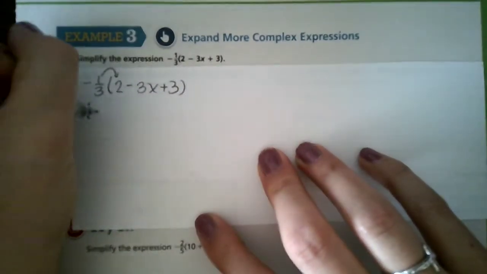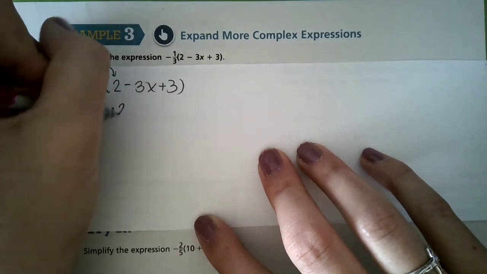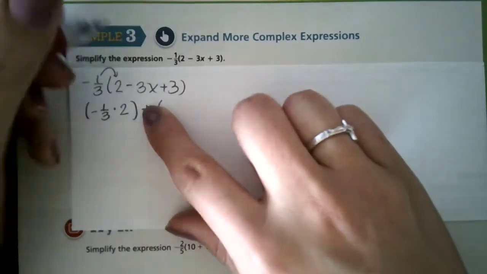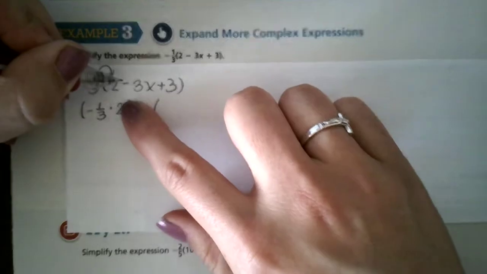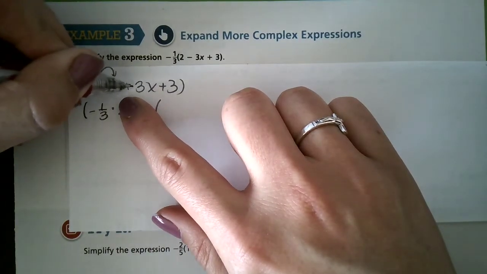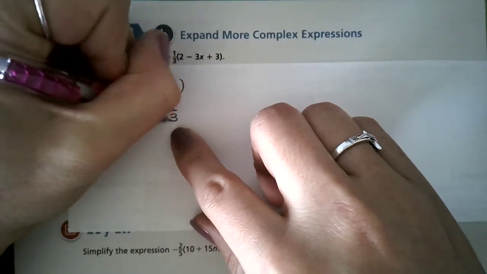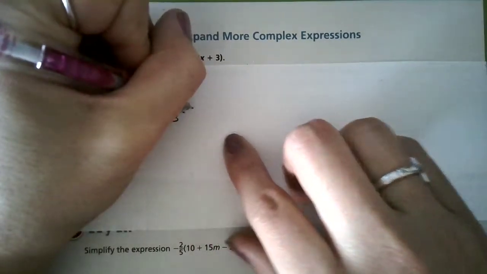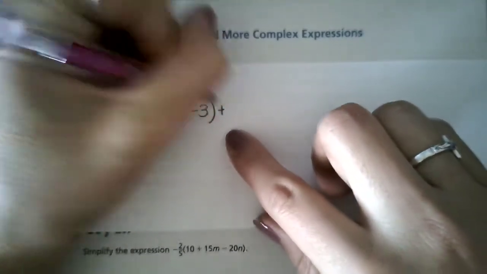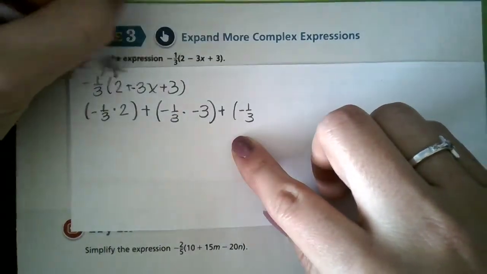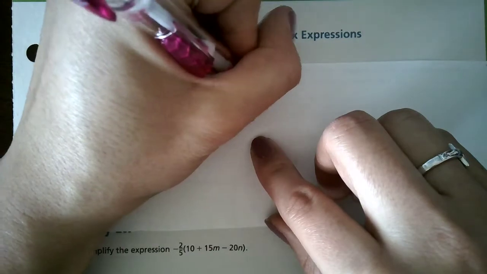So, we have negative 1/3 times 2 plus, and again, I want to think about this as subtracting, adding the negative. So this is going to be negative 1/3 times negative 3 plus negative 1/3 times 3.